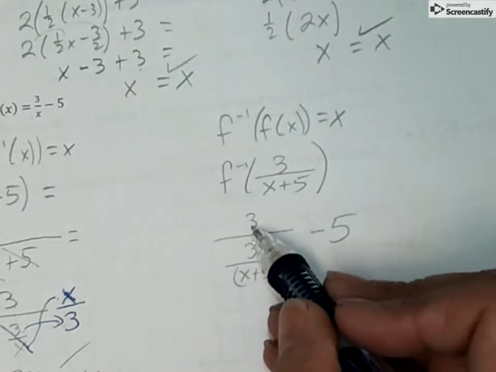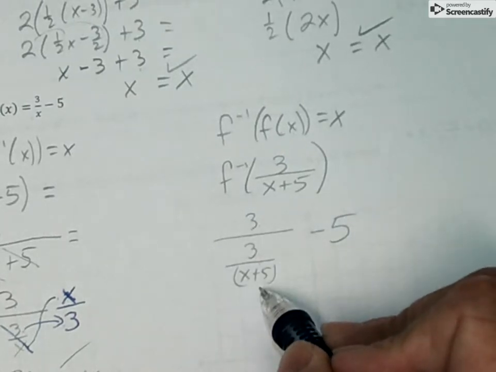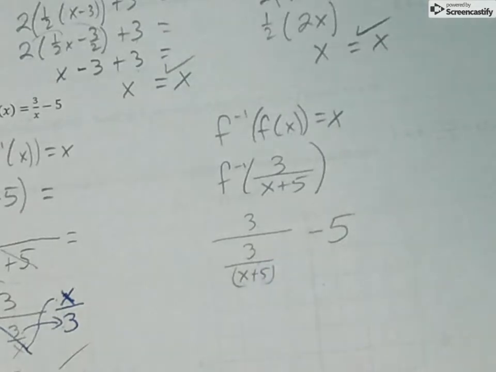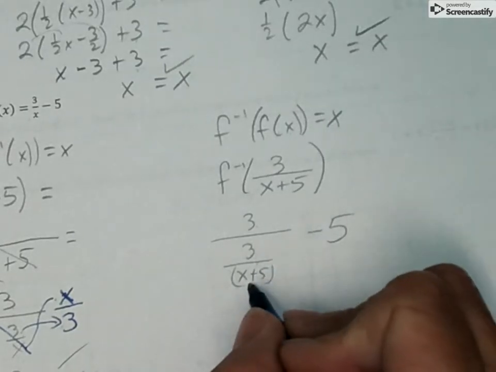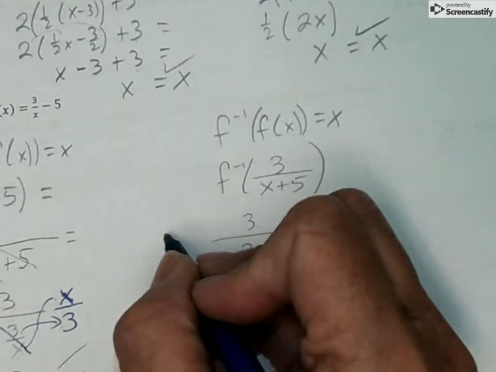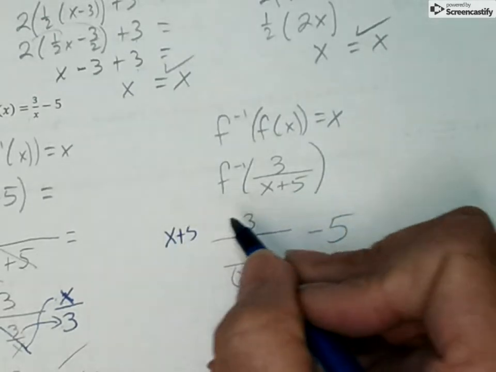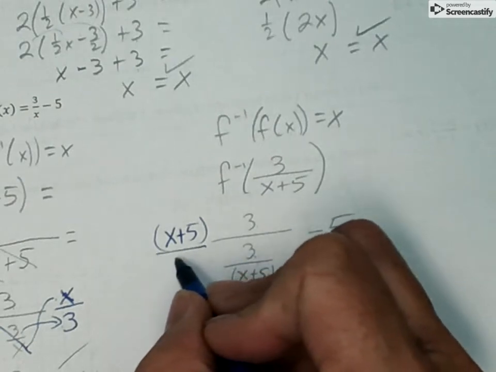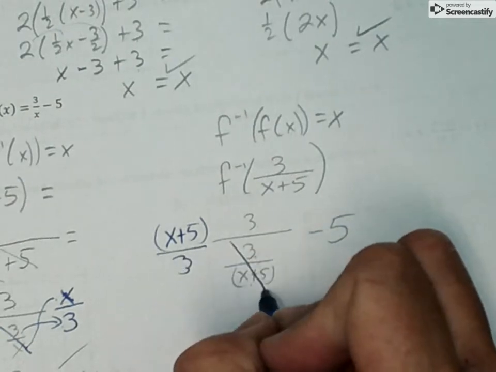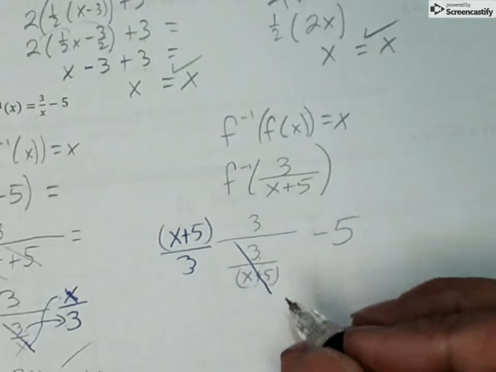Okay, so again, I've got a whole number divided by a fraction. So I've got to take this fraction and take the reciprocal of it to simplify this. So the denominator is going to become the numerator, so x plus 5. The numerator becomes the new denominator, and I cross that out. And now let's write this.